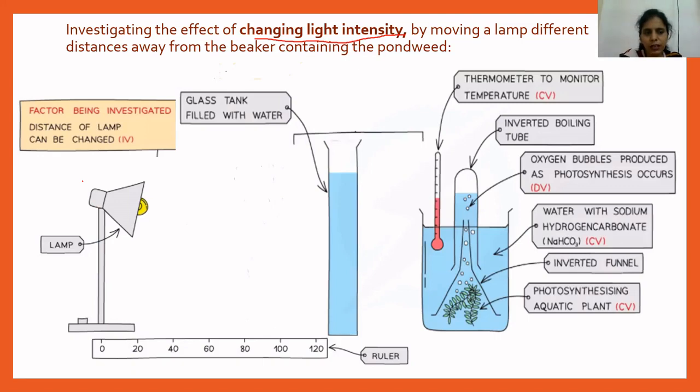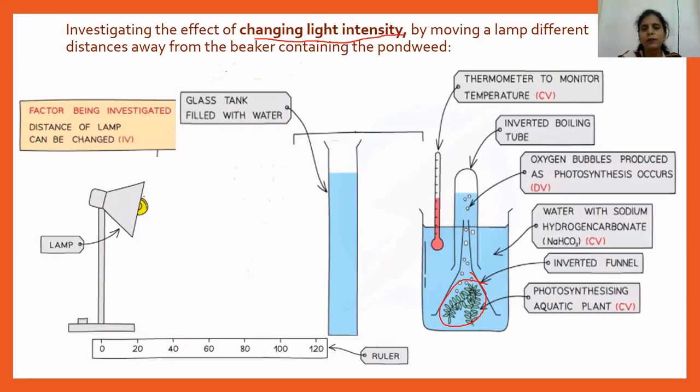With the help of this table lamp, we can easily change the amount of light provided to this hydrilla plant. Sunlight cannot be used because there we cannot decrease or increase the intensity of light provided to the plant, but by using this table lamp we can do that. So that's the reason we are using a table lamp here.